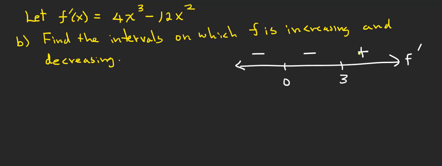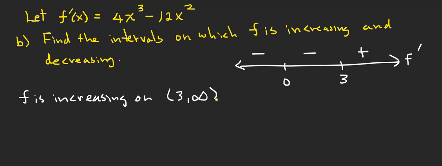When f prime is positive, that means f is increasing. Therefore, f is increasing on the interval from 3 to infinity. Now, what will be a justification? Because f prime is positive on those intervals. You have to write it down for justification.